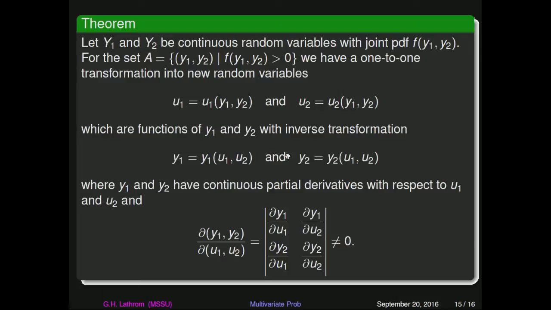So that I am able to write Y sub 1 as a function of U sub 1 and U sub 2, and I can write Y sub 2 as a function of U sub 1 and U sub 2. Now, for this inverse transformation, I'm also going to assume that Y sub 1 and Y sub 2 as functions of U sub 1 and U sub 2 have continuous partial derivatives.